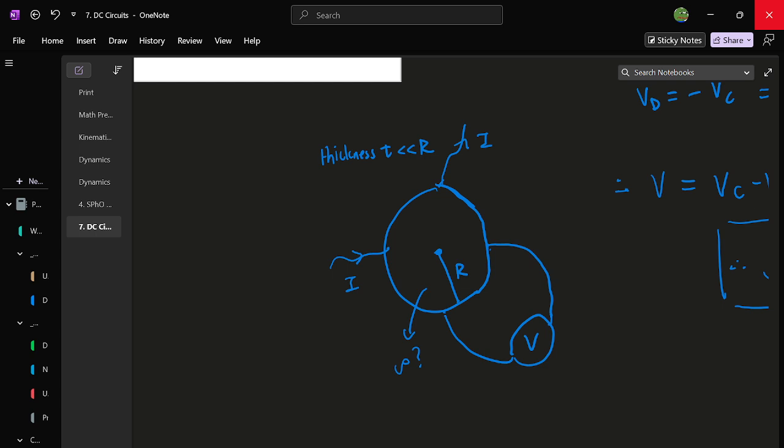Okay. What about the interaction between a wire and a ferromagnetic material? Huh? I don't know. I feel like this isn't circuits, right?